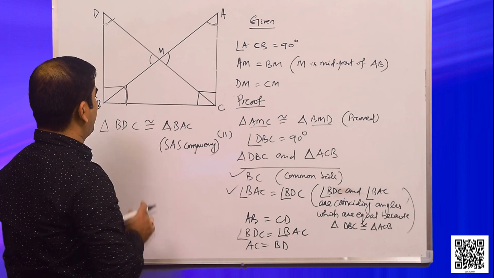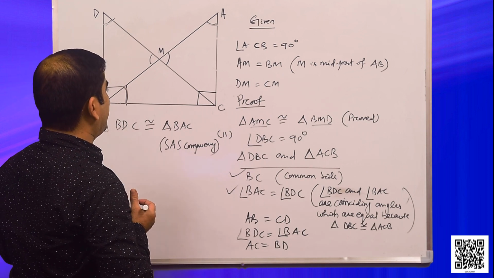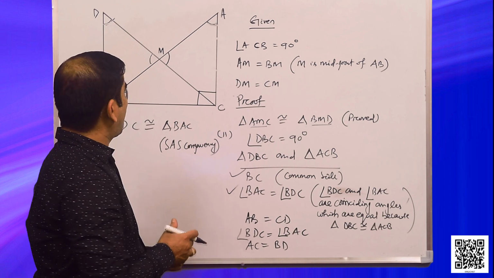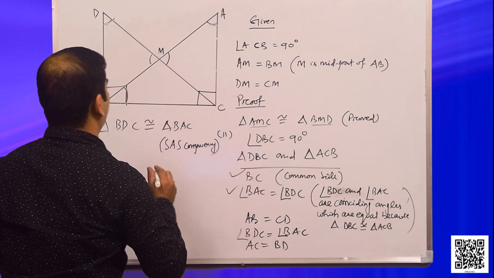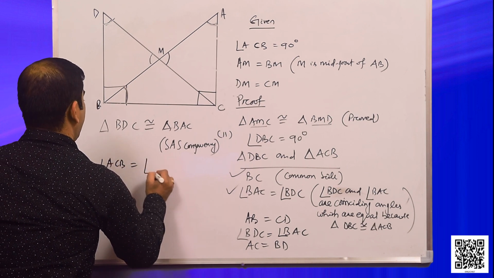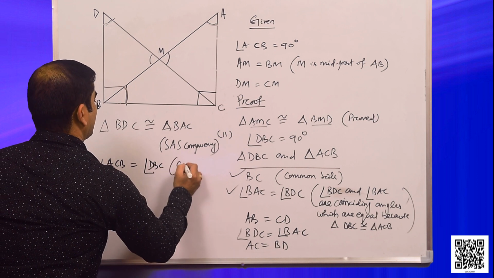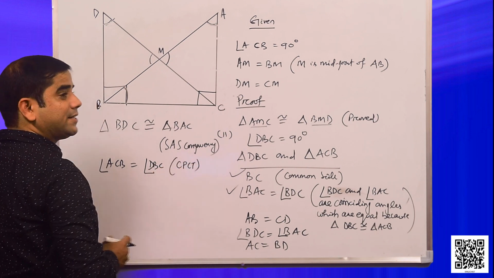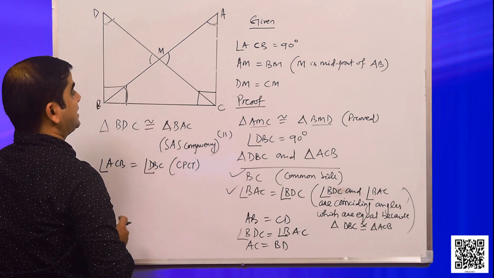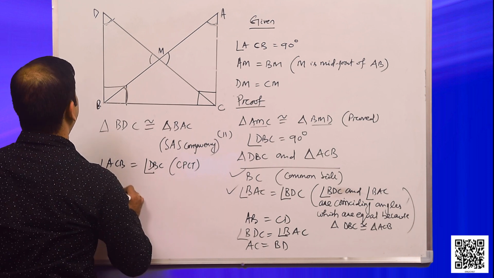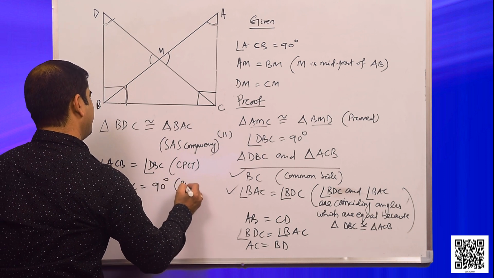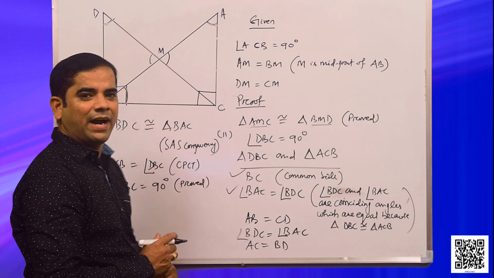In this way we can prove that triangle BDC is congruent to triangle BAC. So angle ACB is equal to angle DBC, corresponding angles of the congruent triangles. Angle ACB is equal to 90 degrees. That means angle DBC is equal to 90 degrees. It is also proved. Fine.